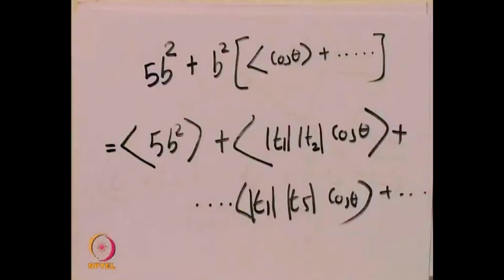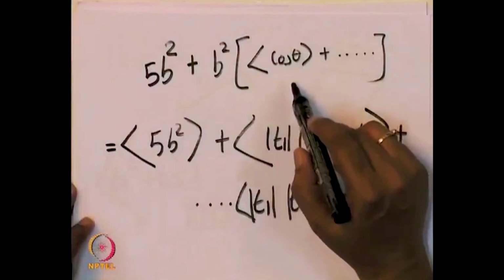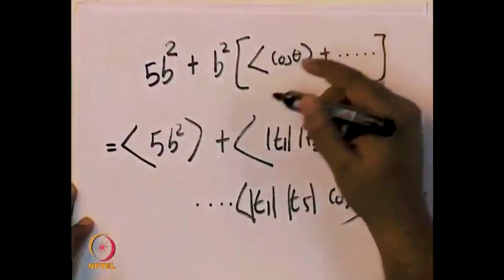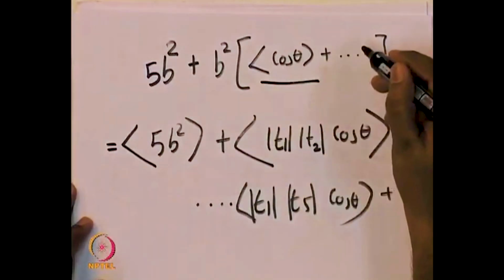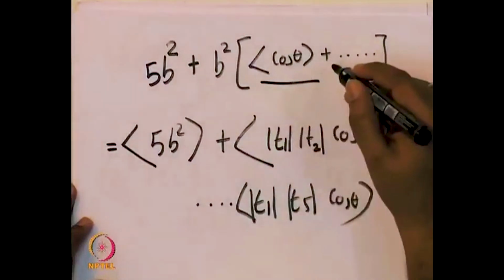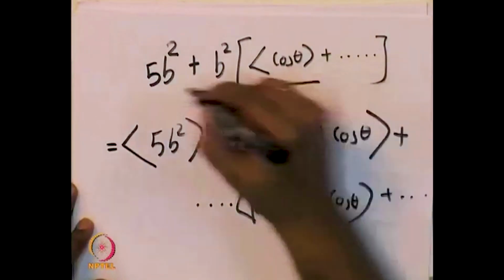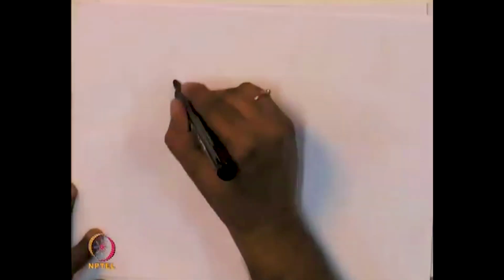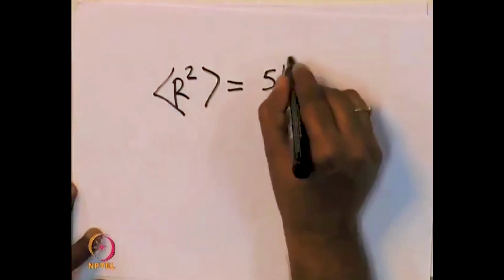Cos theta average is nothing but 0, because cos theta can take values from -1 to +1, and if you sum over all this, you will get 0. Values from -1 to +1. So, this is 0. At the end of it, the answer you will get is that r square average is 5 b square.